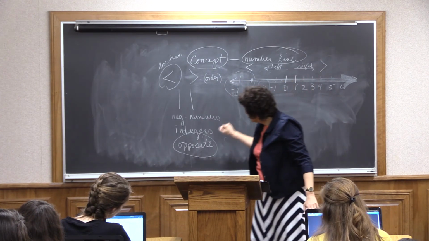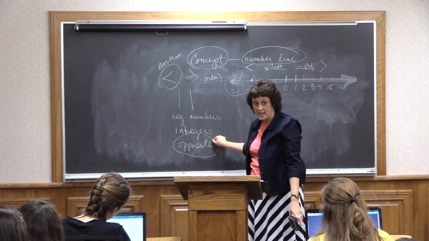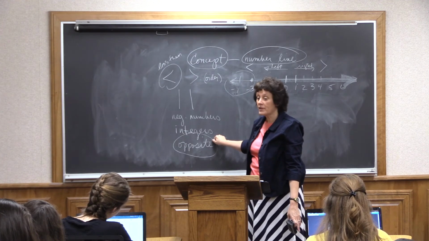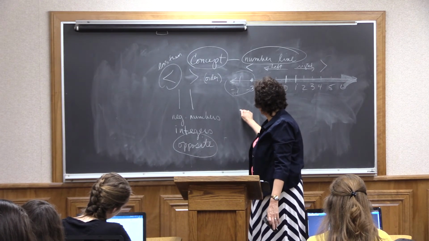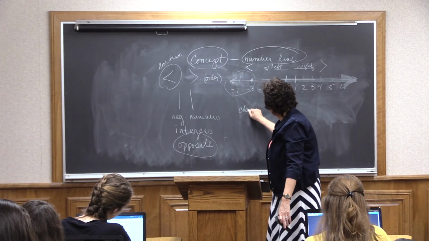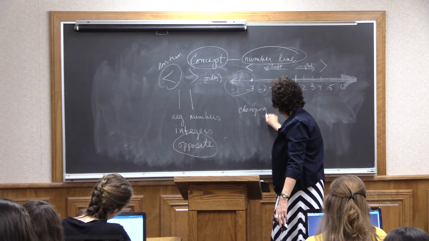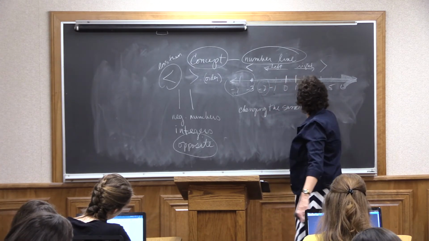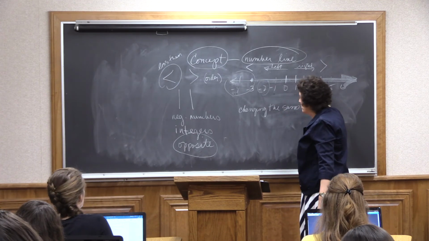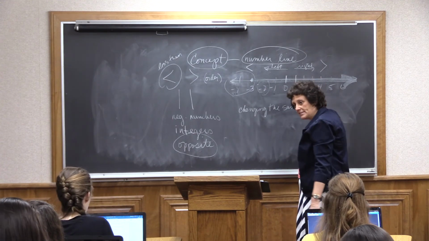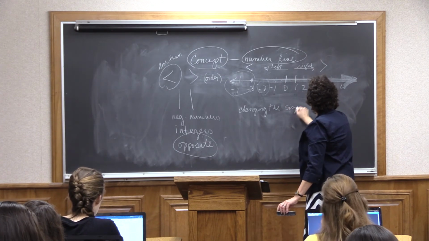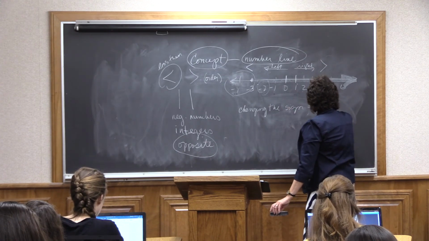We have to teach this word because it's not used in arithmetic. And anytime we are changing the sign, we are changing directions. We are finding opposites. Change the sign is the same as opposite of.